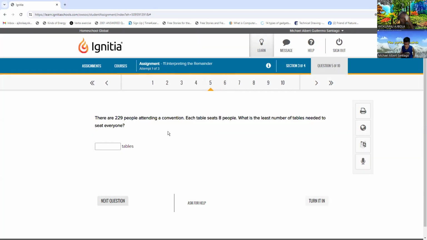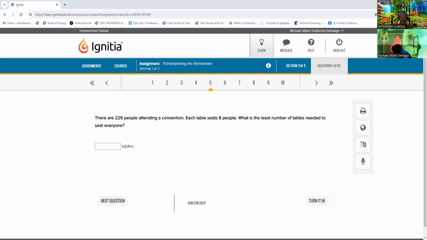Is that clear? Yes. There are 229 people attending a convention. Each table seats 8 people. What is the least number of tables needed to seat everyone? So that means after dividing, we still need a table for the leftover. Is that clear?